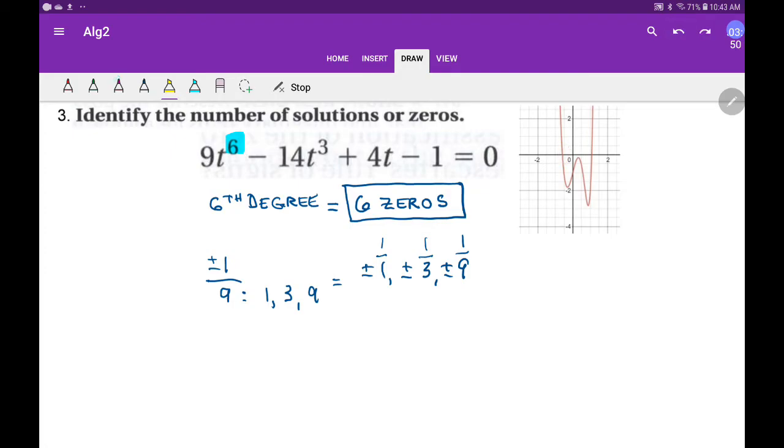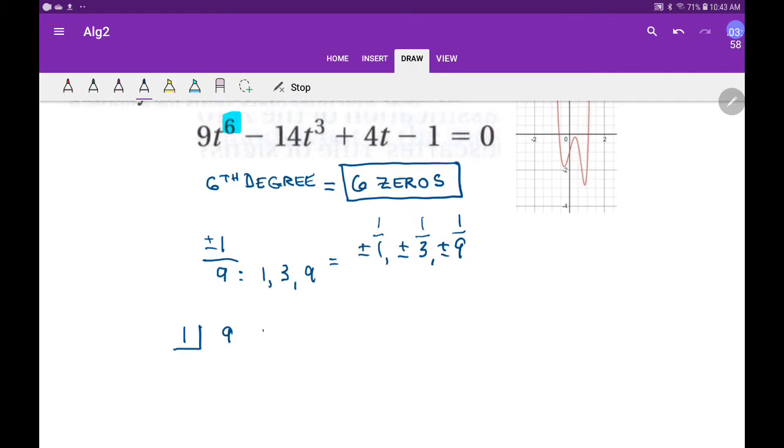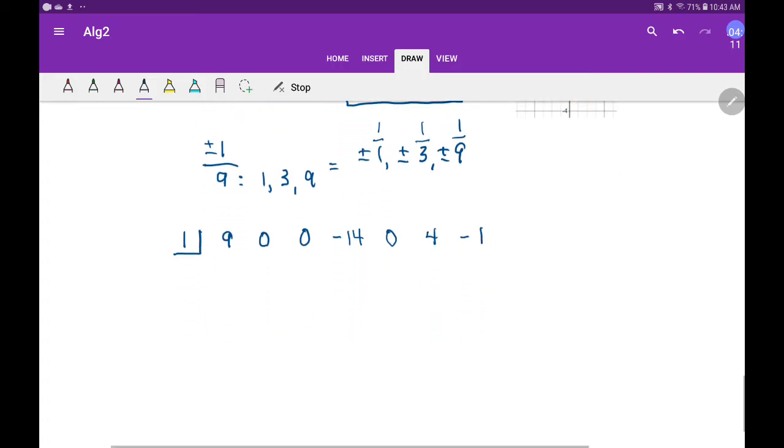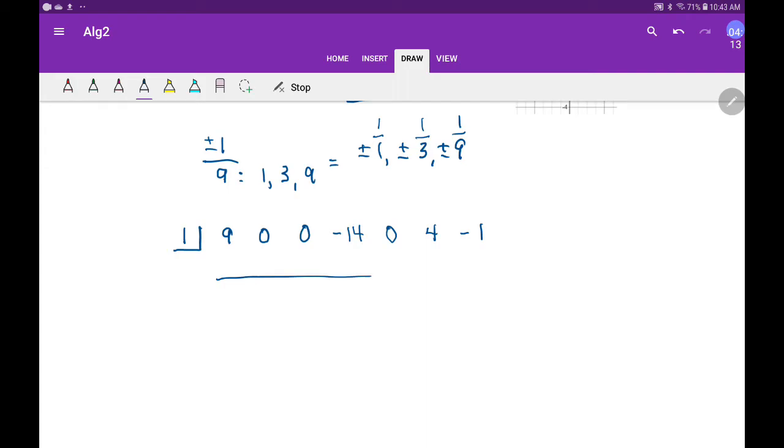Let's see if 1 works out for me, positive 1. So I say 1, and I have 9 for t to the 6th, 0 for t to the 5th, 0 for t to the 4th, negative 14 for t to the 3rd, 0 for t to the 2nd, 4 for t, and minus 1. Okay, let's see if I get 0 for this root. Alright, so I have 9 comes down, times 1 is 9.